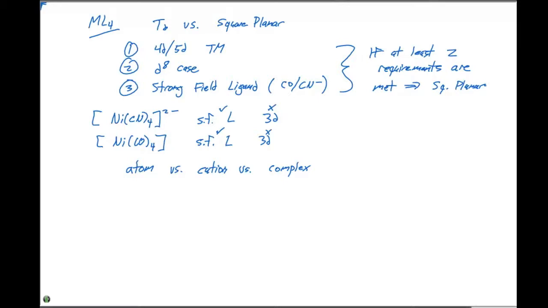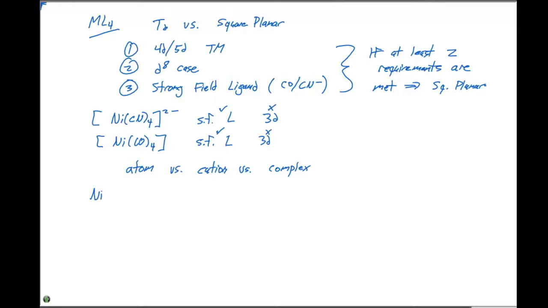A nickel atom is completely different from a nickel 2 plus cation, and that's completely different than a nickel 2 plus cation surrounded by 4 cyanide ligands. Completely different instances here, and we have to analyze these in a little different way.